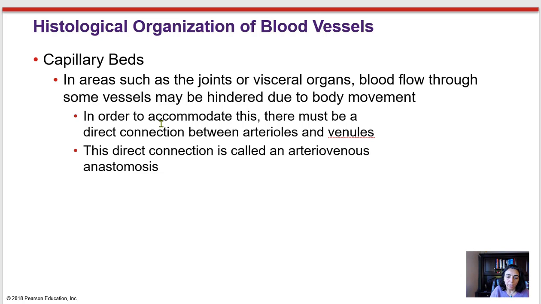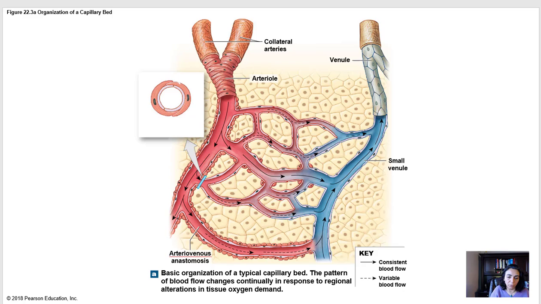That is so that body movement does not interrupt the circulation to the afterward parts of the body. And in order to accommodate this, there must be a direct connection between arterioles and venules, which we call arteriovenous anastomosis, the one you see in this picture here between the arteriole and venule, right? The direct connection means that if blood cannot pass in the other areas, at least it can pass through these.